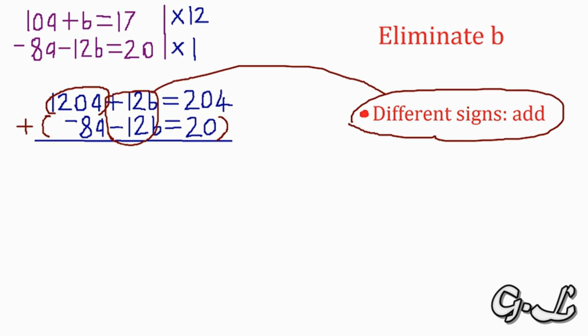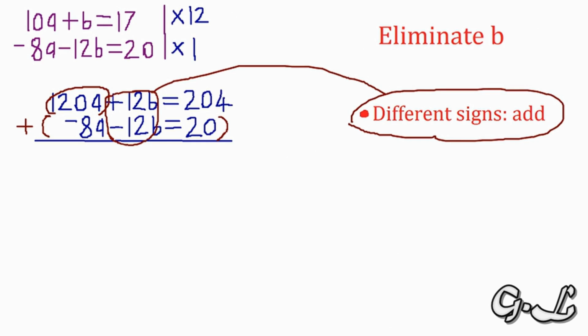So we have 112a plus 0 is equal to 224. Since 0 represents that there is nothing, we can just eliminate it, and we remain with 112a is equal to 224.